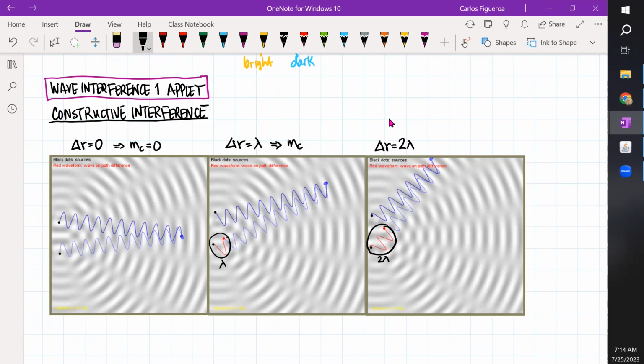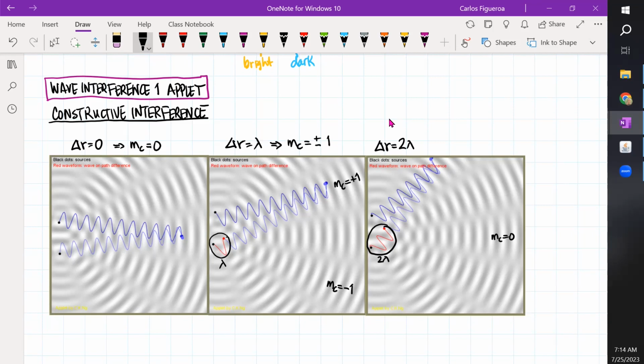Right here, I'm going to write it: this is m_c equal to 0. Now, let's look at what happens when I go up here. If I go up here, this is now m_c equals plus 1, right? But note, down here, I have m_c equal to minus 1 too.